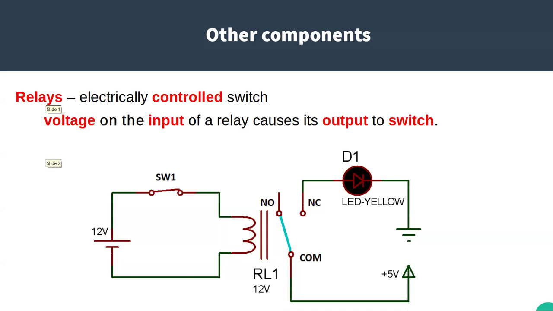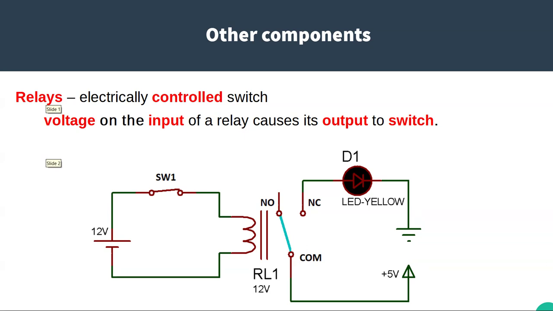Okay, relays. A relay is just an electrically controlled switch, which allows you to remotely control it. That's its main purpose. So you can have a switch somewhere a long distance away and operate it.